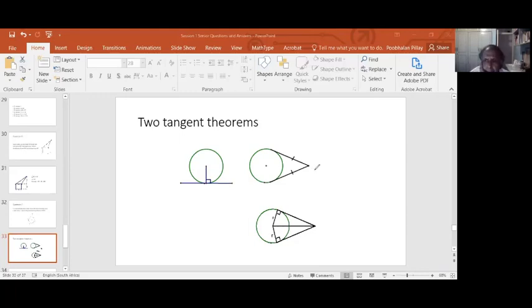The other result is that if you've got a point outside a circle, you can draw 2 tangents, and it turns out these 2 tangents are always equal in length. In my book, I explain why these are true. Why is this perpendicular? And why are these equal? If you go to my book, 1000 Mathematics Olympiad Problems, and go into the geometry section, you will find out why these are equal.